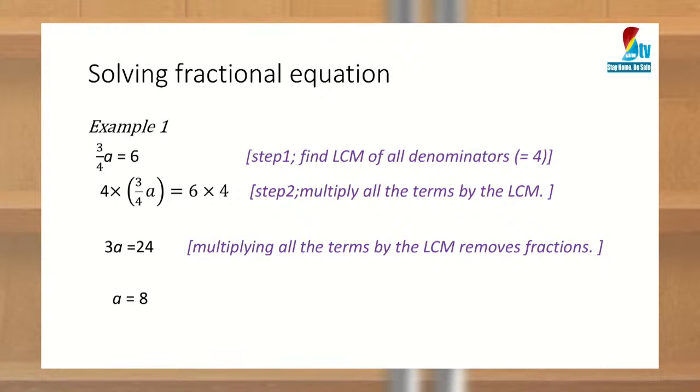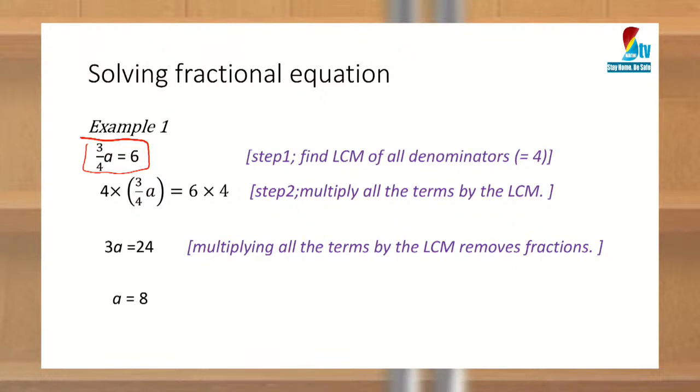We have another problem whereby we are solving fractional equations, fractional equations that arise from an algebraic fraction. Remember, we have defined our algebraic fraction as a fraction that contains an unknown. So when we are having an equation, now we have only one unknown. In this particular example, the unknown is a.